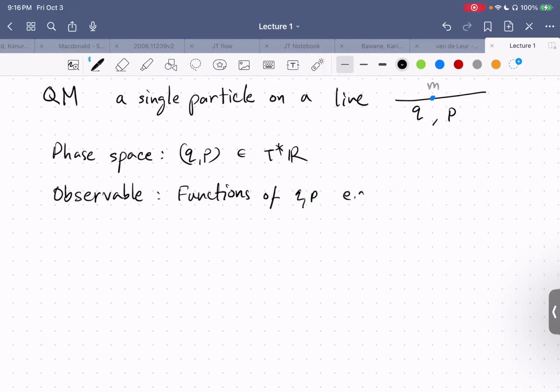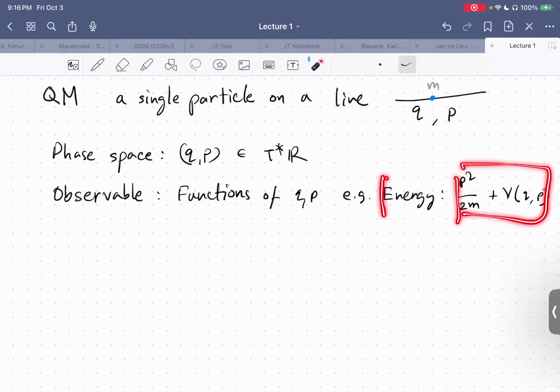For example, energy is an observable. And the kinetic part of the energy is simply p squared over 2m. And if it has potential energy, then that is a function of position, and in general, it can also be a function of momentum. So it's just a function of position and momentum. And it's an example of something that is familiar, but really any function of position and momentum can be called an observable.